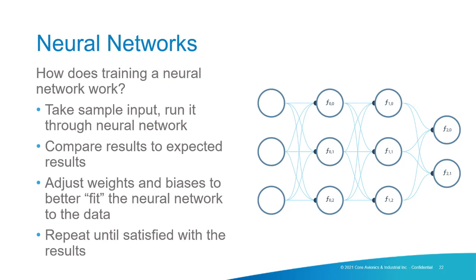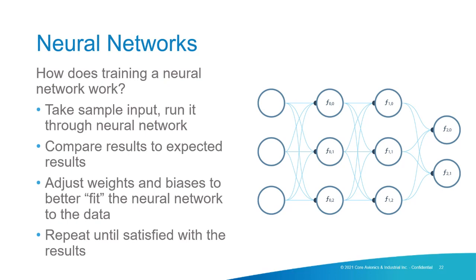And we'll just pass it through our neural network and check what the results are. Initially, we'll set up our neural network so that each of the weights and biases associated with the network are randomly generated so that we have some number associated with them. And then we'll just pass our sample input in and check what the results are.